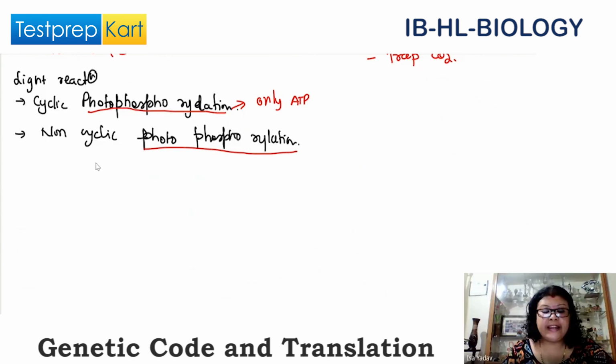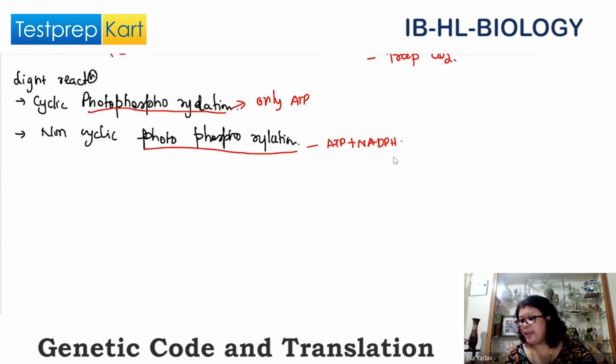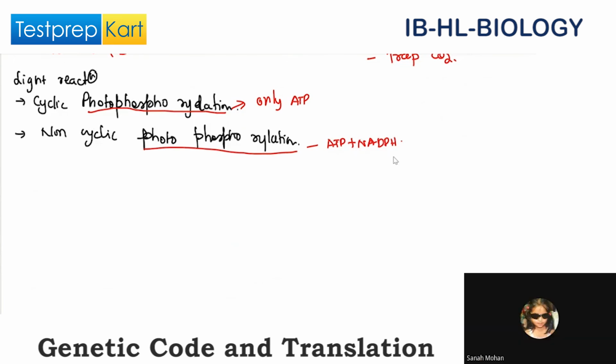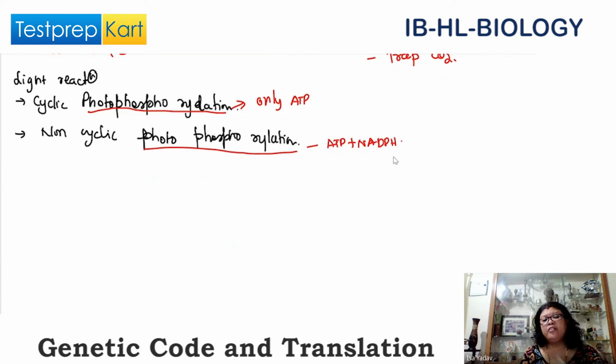Non-cyclic photophosphorylation will produce ATP plus NADPH. Is this clear? Yes, the cyclic will produce only what?